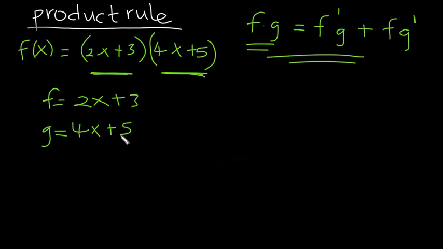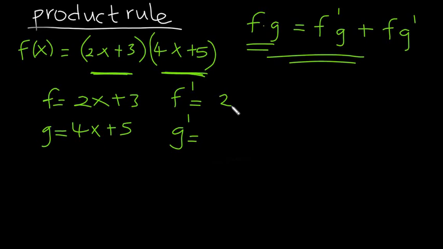Let's find f prime and g prime. So what is f prime? As I have said, f prime is the derivative of f. So let's differentiate f with respect to x, 2x plus 3. When you differentiate this, it's going to be 2.